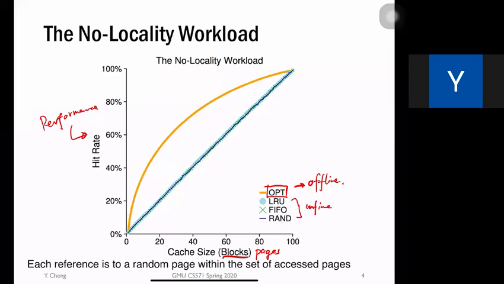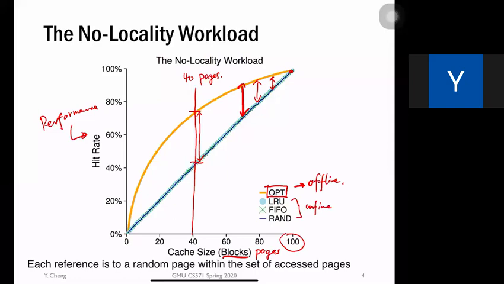If you take a cut here, let's say the cache size is 40 pages, the distance along the y dimension is the performance difference. As you increase the cache size, this difference gets smaller and smaller. Eventually they converge to a single point at the largest cache size, which is 100 pages.